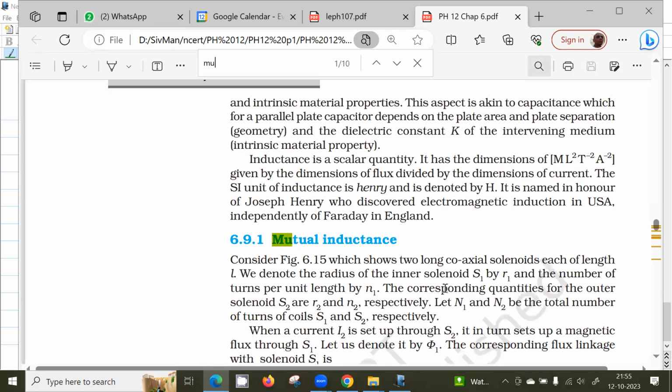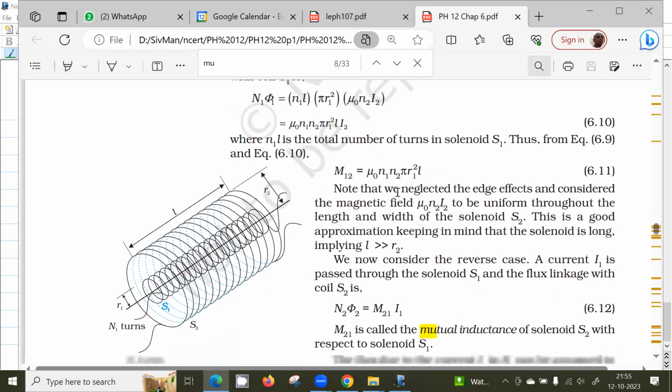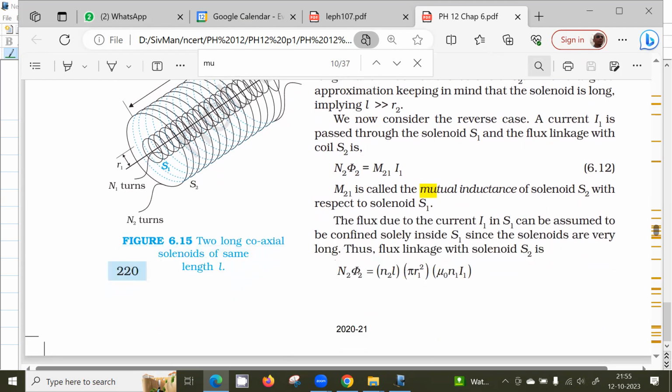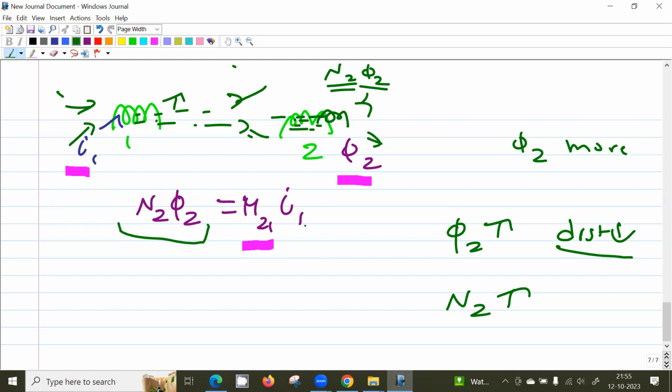That's fine. So mutual inductance M21 depends on the turns of the coil. If you increase the number of turns of the coil, the mutual inductance will increase, and the flux produced by the source coil will increase. Understood the concept?